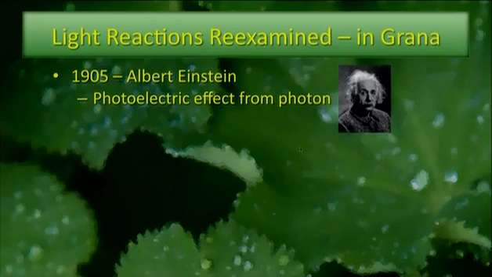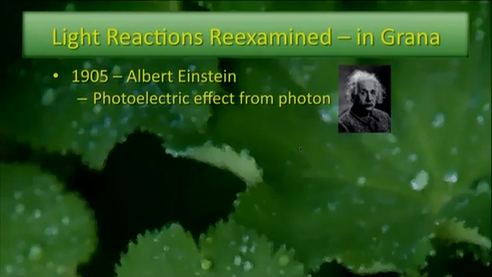Metals become positively charged because radiation forces out electrons, and this depends upon the wavelength of the radiation reaching them. That's called the photoelectric effect. In 1921, he got the Nobel Prize for this work.